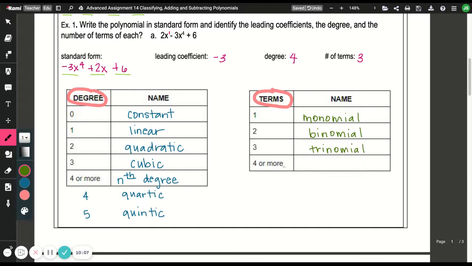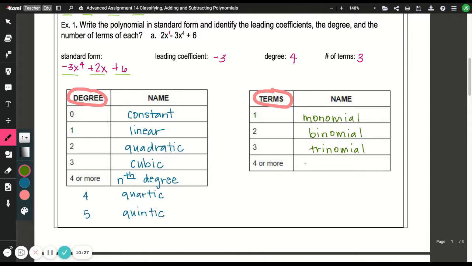And then again, we're going to have two different names that you need to be familiar with. I don't care. Like I really don't care. Like over here, I don't care if you say a fourth degree or a quartic. But if you see it in a multiple choice or on an assignment and it says quintic, I do expect you need to know what that means.